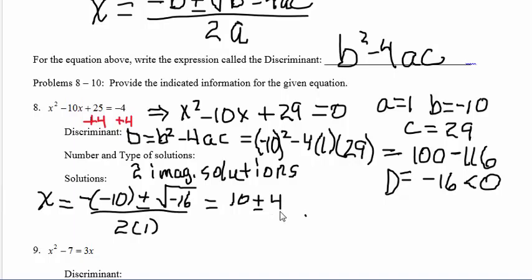The square root of negative 1 is i. Plus or minus 4i divided by 2. 10 divided by 2 is 5. 4i divided by 2 is 2i. So those are my solutions, 5 minus 2i and 5 plus 2i.